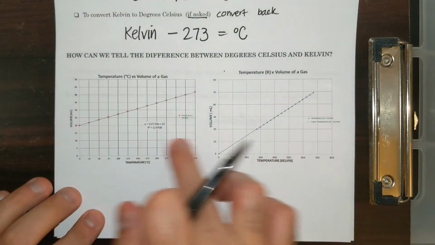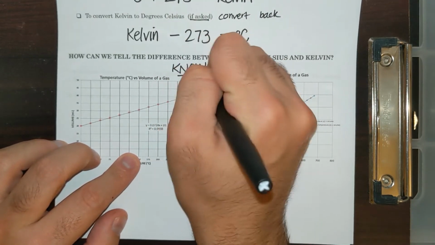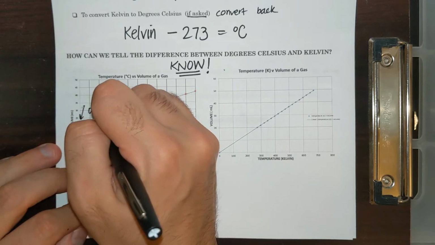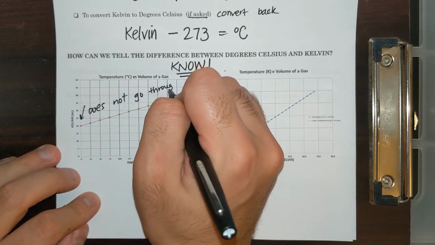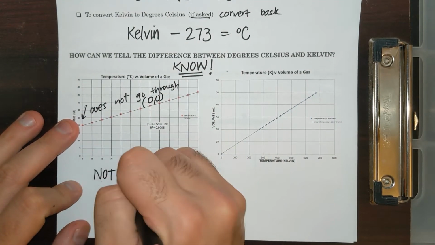And you need to know the difference between these two graphs. Degrees Celsius versus volume does not go through 0, 0, not through the origin.